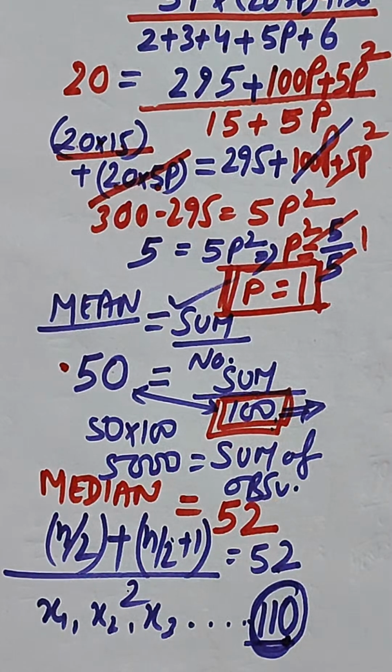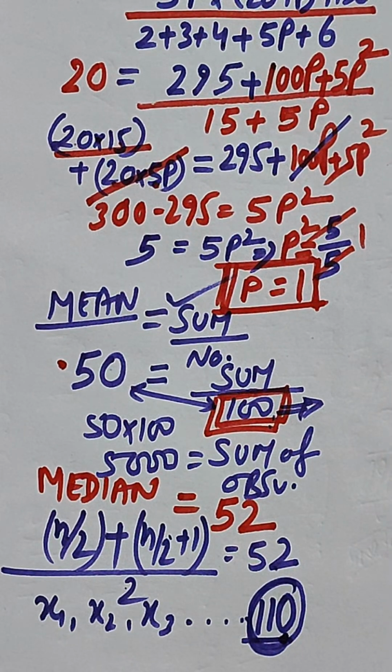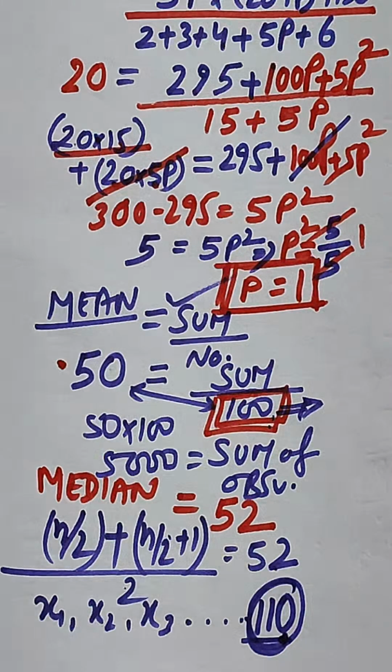So in your question, I am seeing the mean and median of 100 observations are 50 and 52. The value of the largest observation is 100. It was later found that it is 110 and not 100. Find the true mean and median.